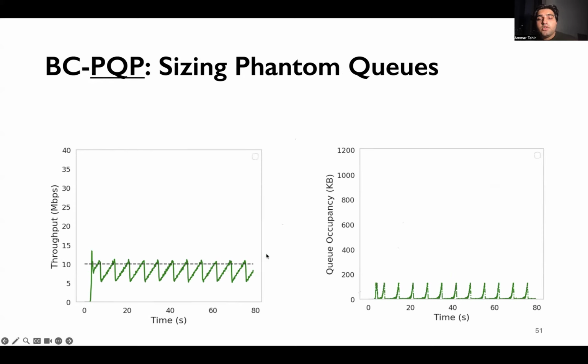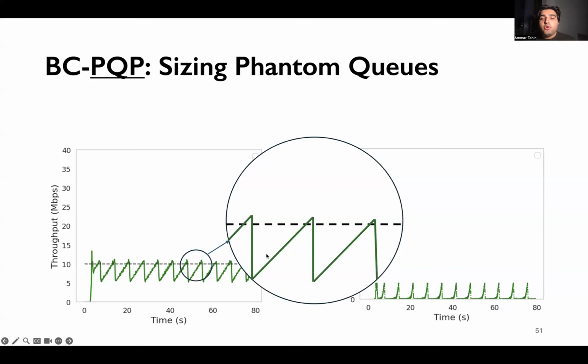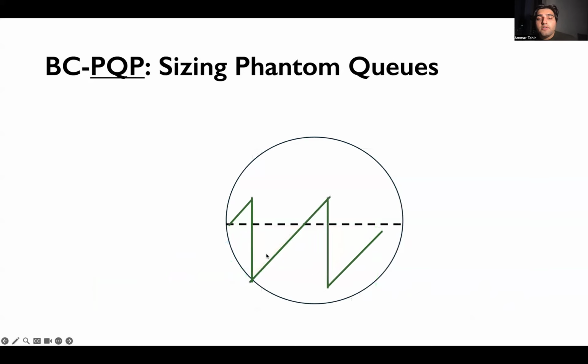A BDP-sized queue becomes full as soon as the flow exceeds 10 Mbps, causing packet drops, which forces Reno to halve its congestion window. And this is what results in underutilization. To ensure correct rate enforcement, we need to let the flow overshoot 10 Mbps for a bit such that the overshoot balances out the undershoot. This means that the phantom queue should be sized equal to the size of the shaded region in this figure.